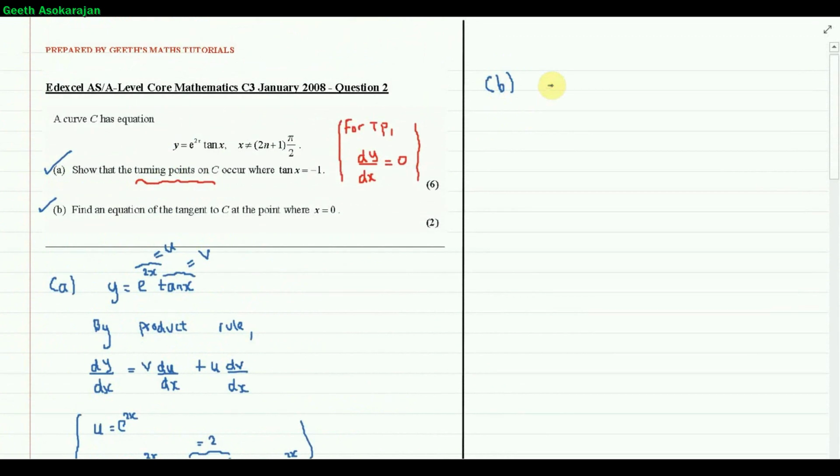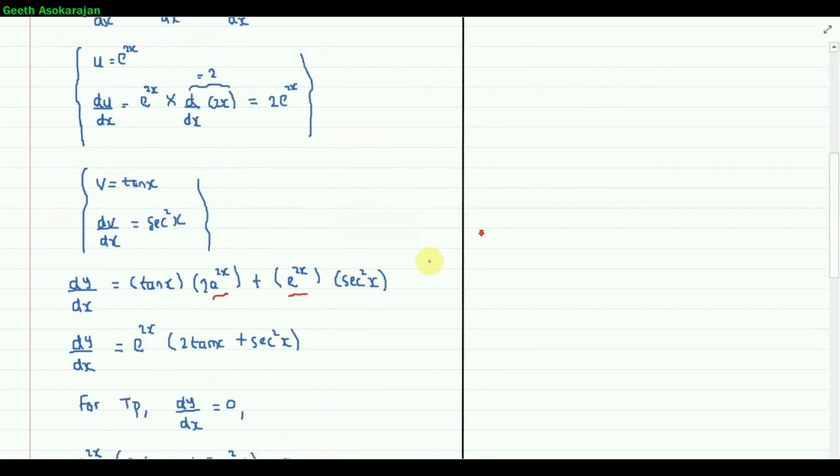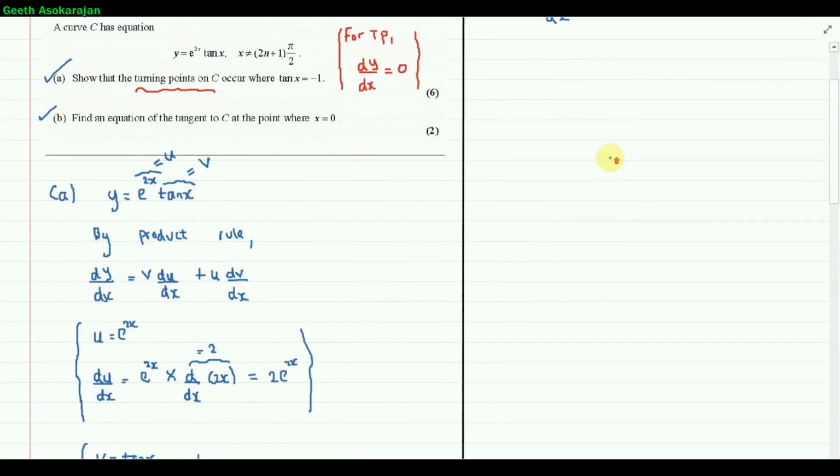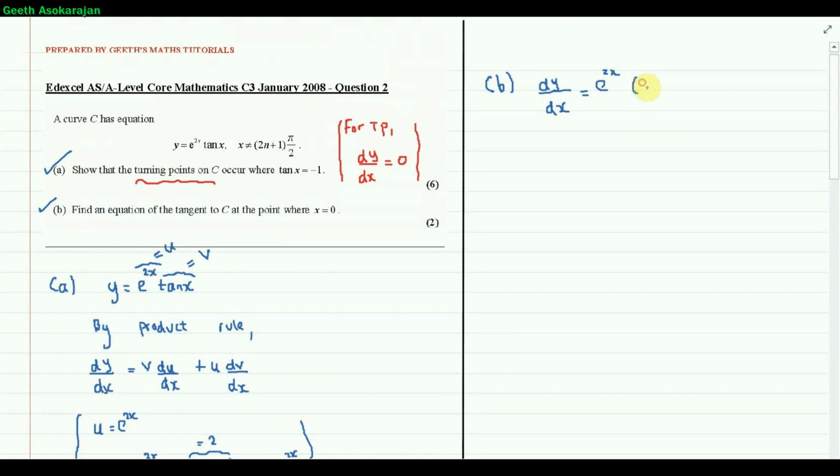For dy over dx, we had e to the 2x into 2 tan x plus sec squared x.